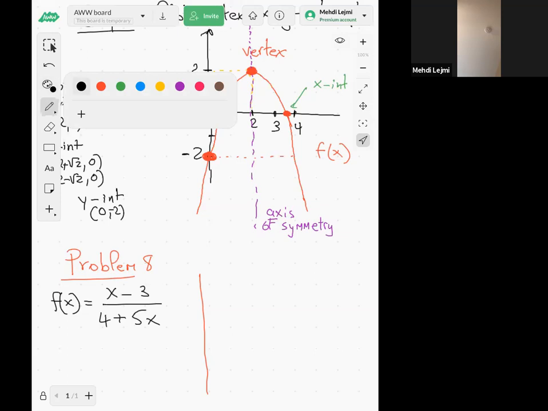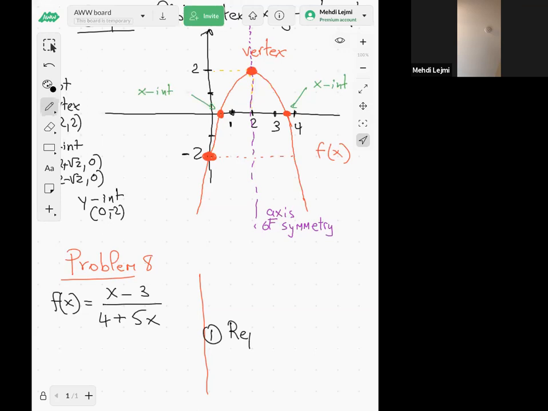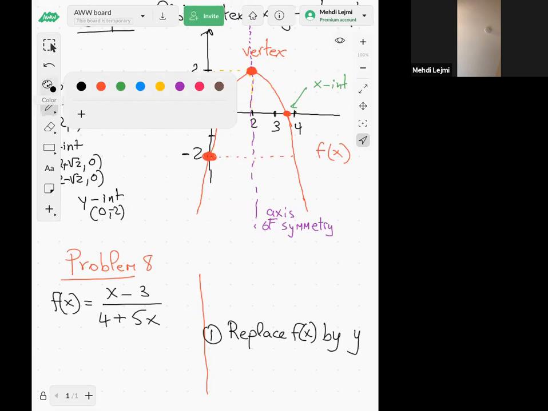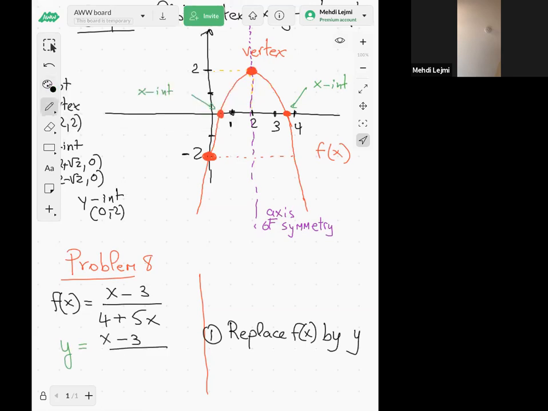First thing to do is to just replace f of x by y. So f of x becomes y, which is (x minus 3) over (4 plus 5x), right?